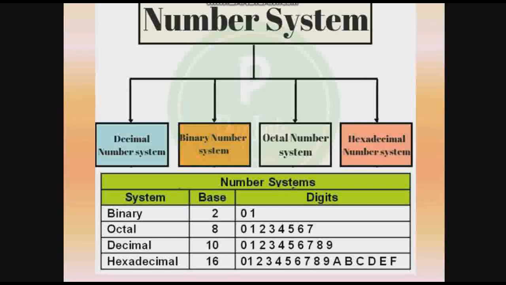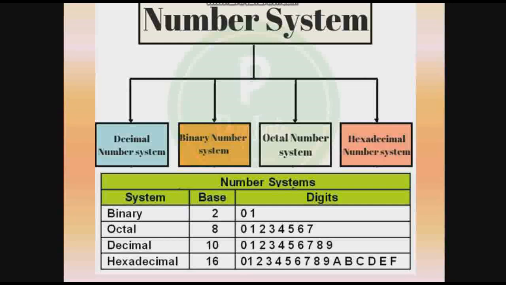Look here, our first number system is the decimal number system, the second one is the binary number system, the third one is the octal number system, and the fourth one is the hexadecimal number system. So these four are the different number systems that computers use.